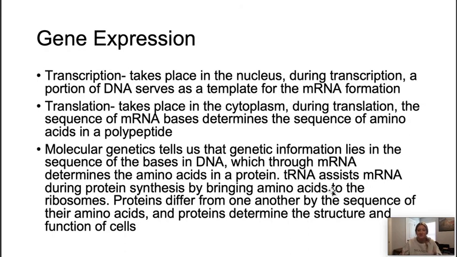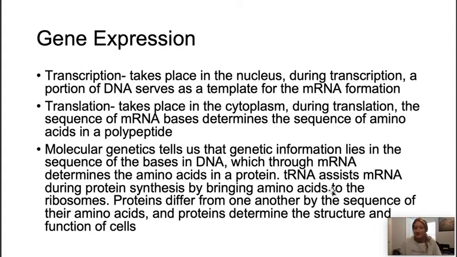Now, what does all this mean? Well, transcription takes place in the nucleus. During transcription, a portion of DNA serves as a template for your mRNA formation. Translation takes place in the cytoplasm. During translation, the sequence of mRNA bases determines the sequence of amino acids in a polypeptide.